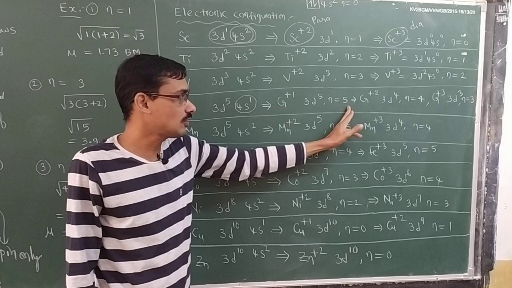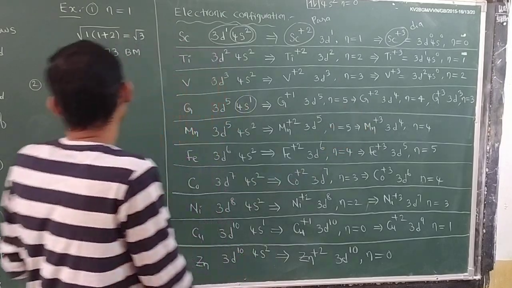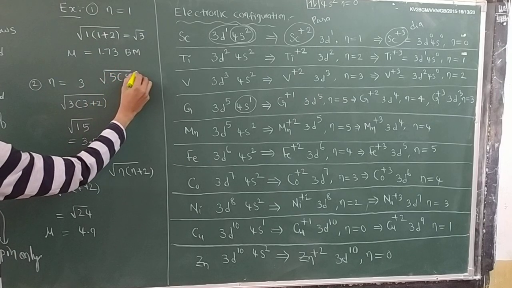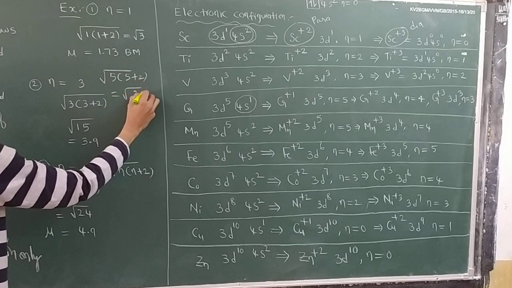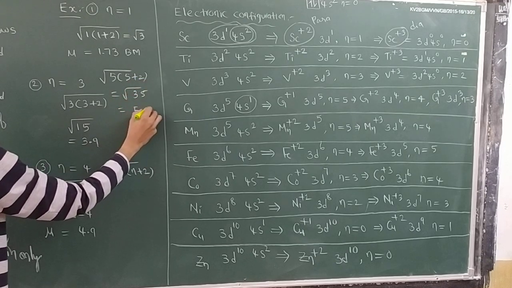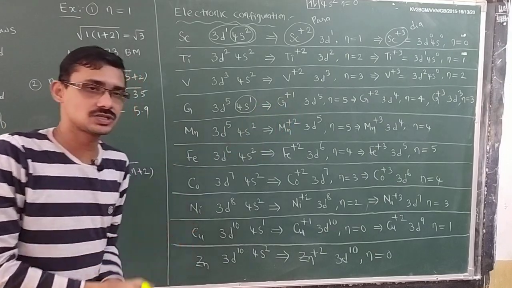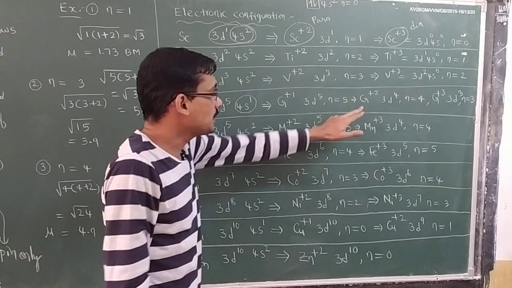Now, n is equal to 5. If n is equal to 5, the formula is root of 5 into 5 plus 2, that is root 35, which means around 5.9. So, the magnetic moment of chromium plus 1 is 5.9.